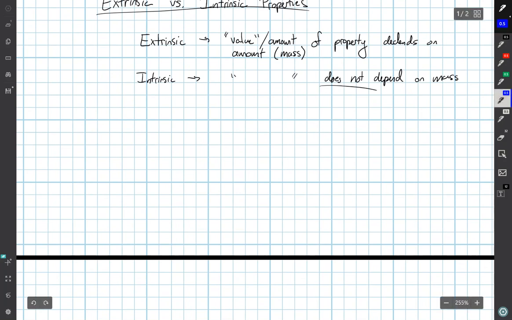Intrinsic would be something like temperature, pressure, specific volume, and then I'll write some other ones, lowercase u, lowercase h. Again, we don't need to know what those are. For our book, these are called specific properties. In our book and this class, we'll use lowercase letters.